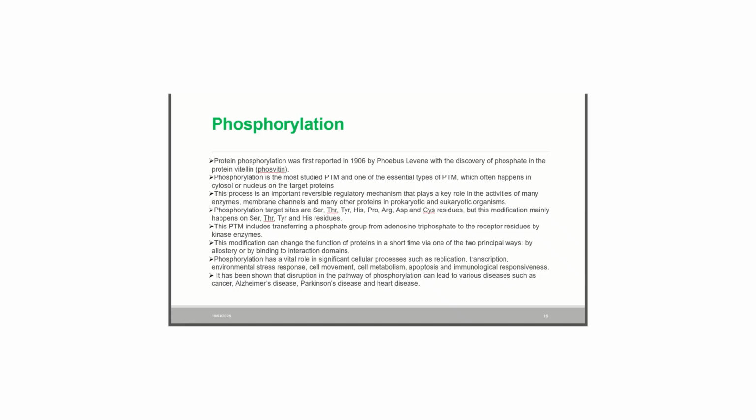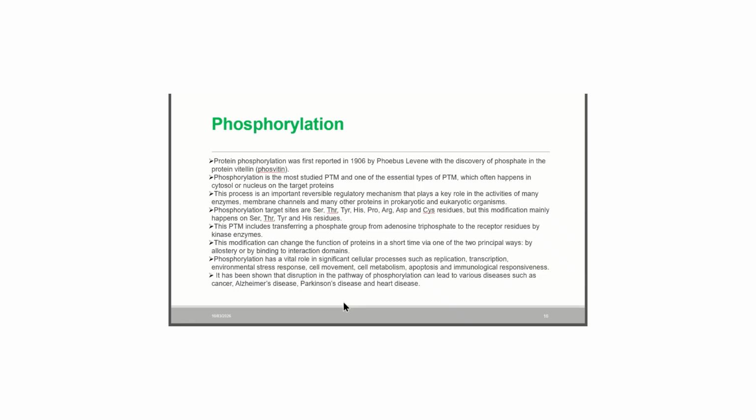But as an overall function, the phosphorylation of these polypeptide chains has a vital role in cellular processes such as replication, transcription, environmental stress response, cell movement, apoptosis, and even immunological responses. So it has been shown that disruption of this pathway of phosphorylation can lead to various diseases such as cancer, Alzheimer's disease, Parkinson's disease, and heart disease.